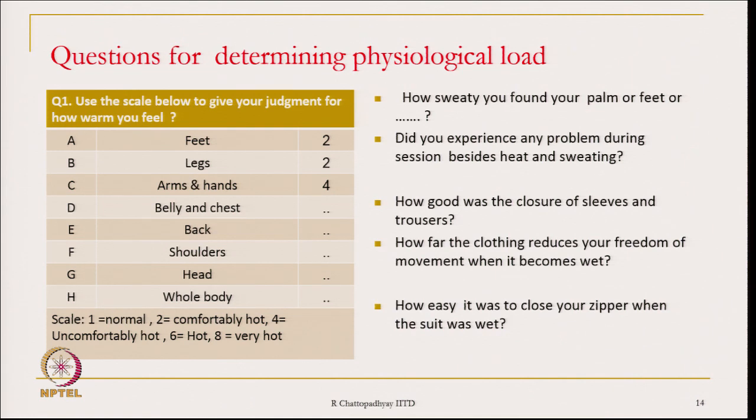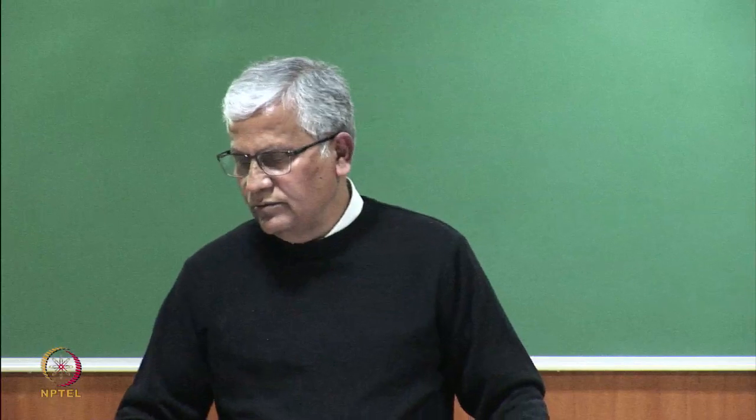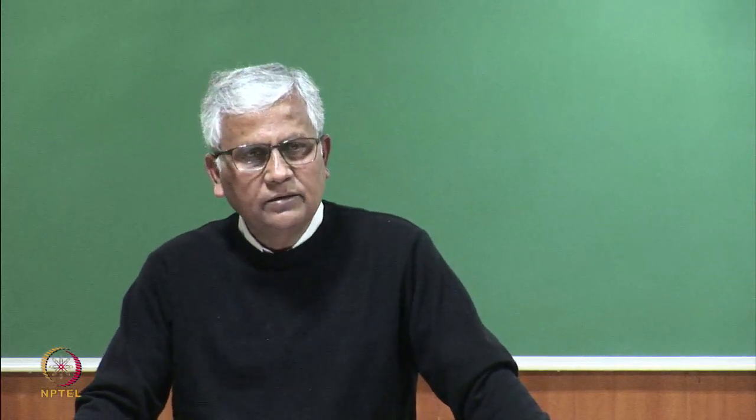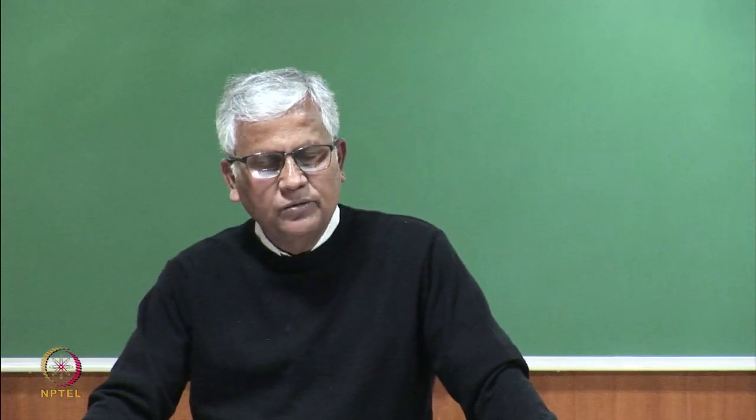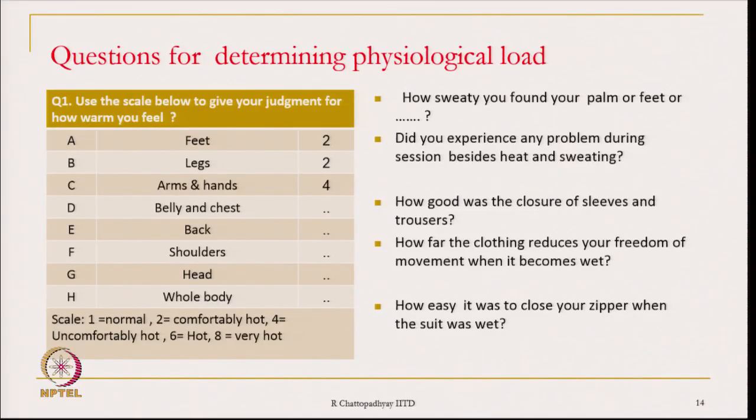If somebody is sweating internally, his inner garments are wet, and they will stick to the skin, and we will dislike the sensation. So, that will be uncomfortable from the tactile comfort point of view. So, again let us look into the questions that we can have for determining physiological load.